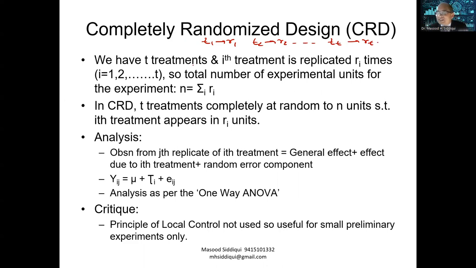So these are the replications. The total number of experimental units would be r1 plus r2 and so on, that is the summation of ri from i equals 1 to t. So these are the experimental units.